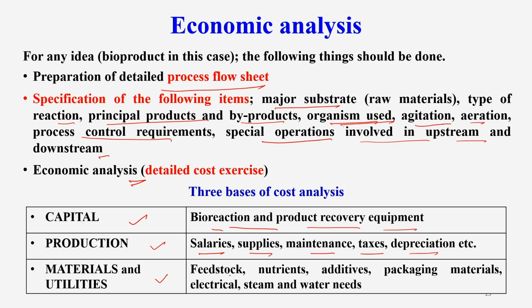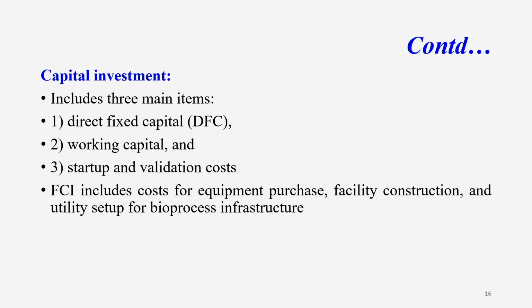Material and utility: feedstock, nutrient, additives, packaging materials, electrical, steam and water requirements. So, typically capital investment has direct fixed capital, working capital and startup and validation cost. Fixed capital investment includes the cost for equipment purchase, facility construction, utility setup for bioprocess infrastructure.